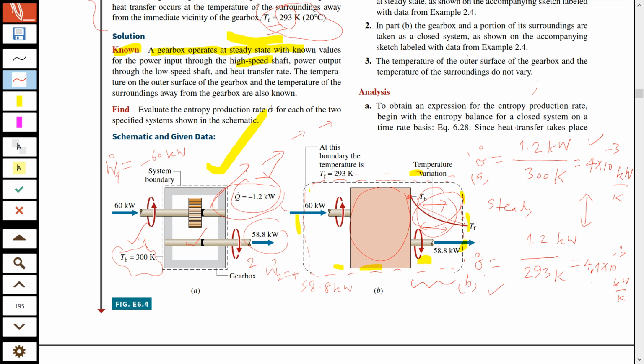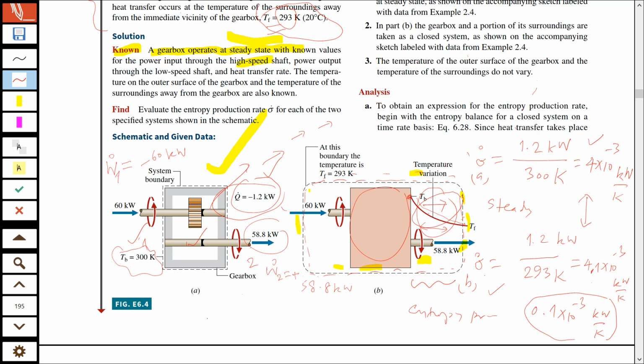You will have to classify this as entropy production. The difference between these two is 0.1 multiplied by 10 to the minus third kilowatts per Kelvin. This is the entropy production.